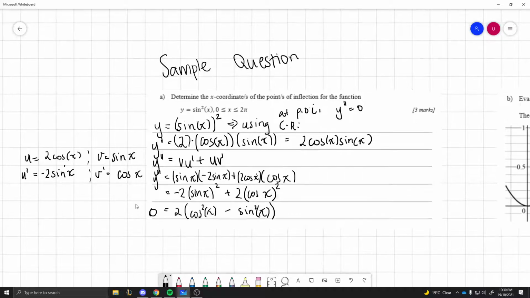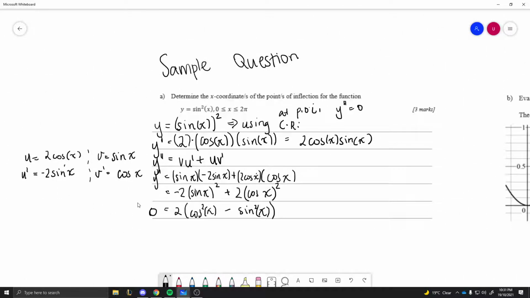Now that we're looking for the second derivative points, as this will equal 0, we can divide both sides by 2, these cancel, which will leave you with 0 equals cos 2x, because remember cos 2x is equal to cos squared x minus sine squared x. Now that we have a subtract here, we can just add this to the other side of the equation. I'm just going to put it over here to save some space.